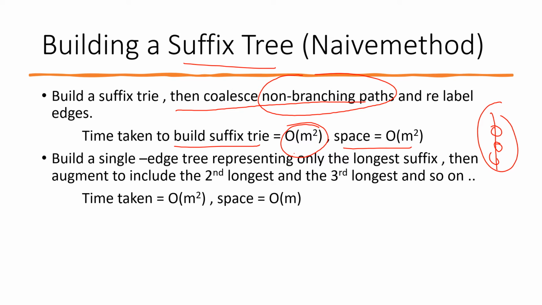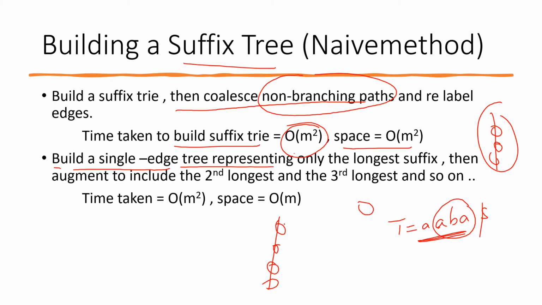So we can see another naive method of building this suffix tree. We're just going to build a single edge tree representing the longest suffix. For t equal to a b a dollar, this is the longest suffix. So first we build a b a, then we add the next longest suffix ab, and then the next longest.